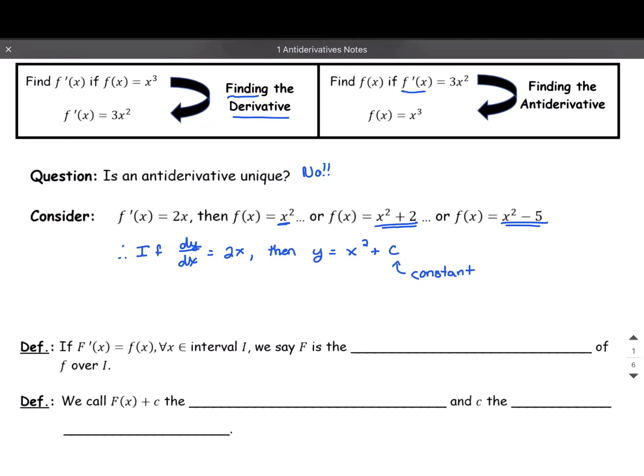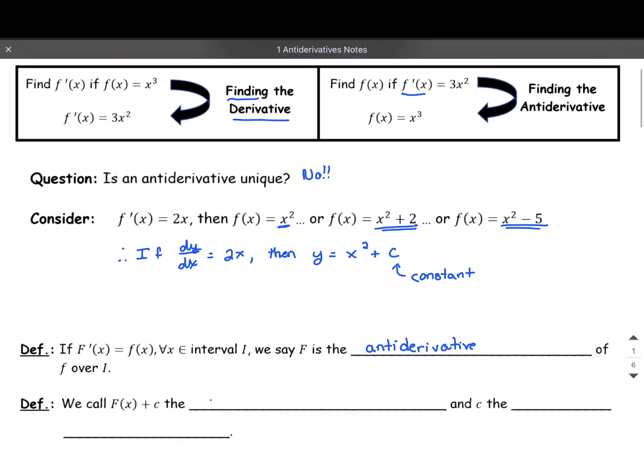Now, a couple of terms here. If we know that capital F prime of x equals lowercase f of x, then for all x belonging to the interval I, we say capital F is the antiderivative of the function f over the interval I. Also, we call that antiderivative F of x plus c the general antiderivative, and c the arbitrary constant.